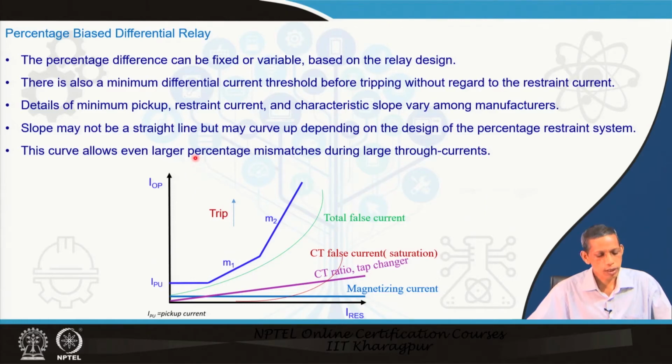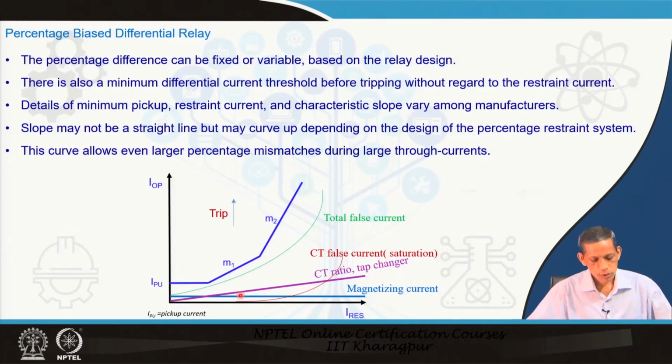So these curves allow the percentage mismatch during large currents also. Some relays use a curve for this purpose instead of two slopes m1 and m2. Now, how do we decide m1 and m2, or this characteristic above which it trips and below which is the restraint region?